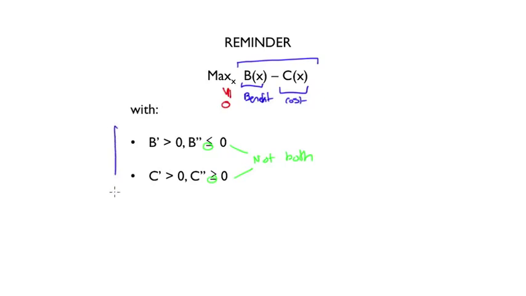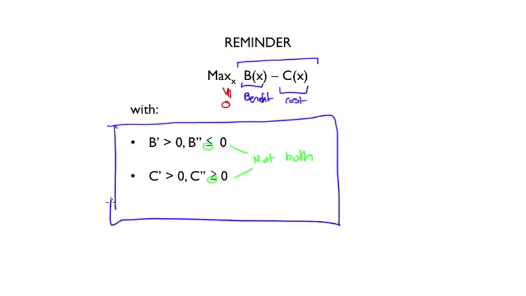These conditions or properties on the benefit and cost functions of the maximization problem are so important and so useful that we're going to pick a name for them so we don't have to write this mouthful every time we encounter them. And we're going to call them the concavity conditions. We're going to see that the solution in this case takes one of two forms.